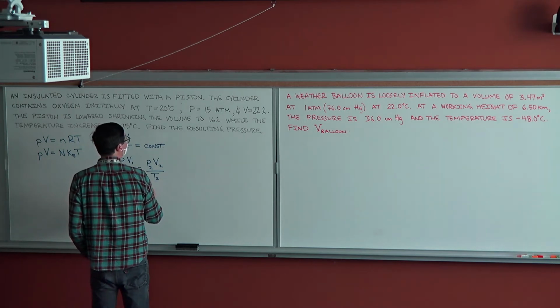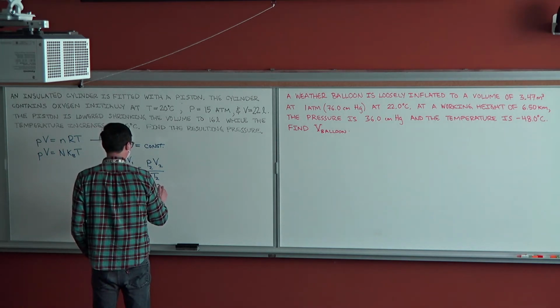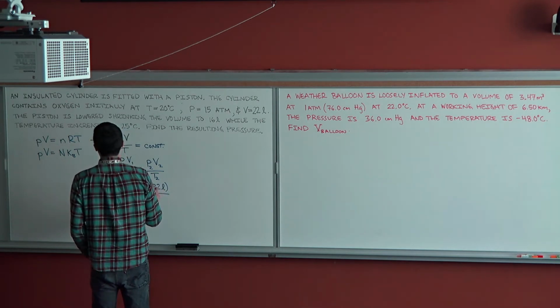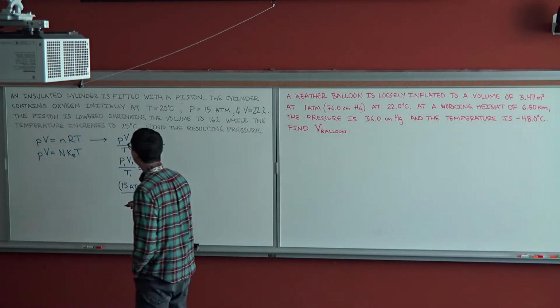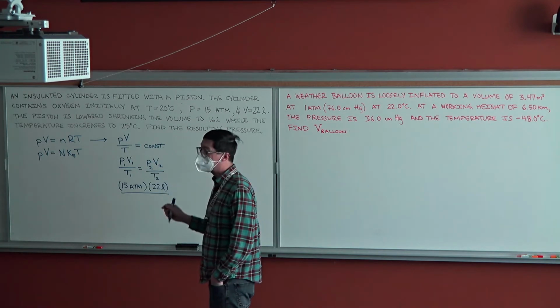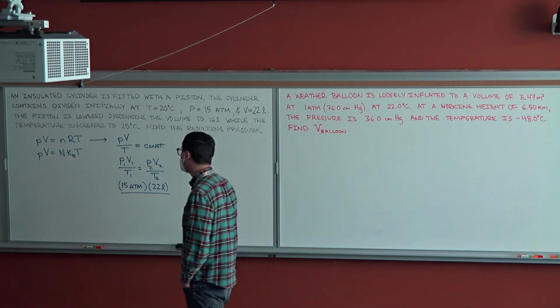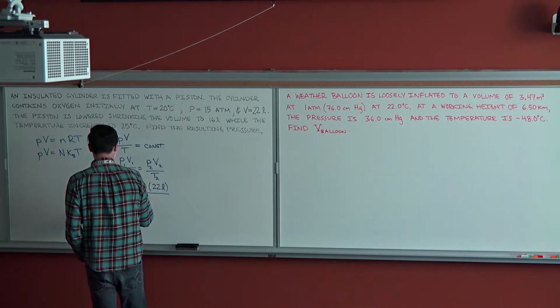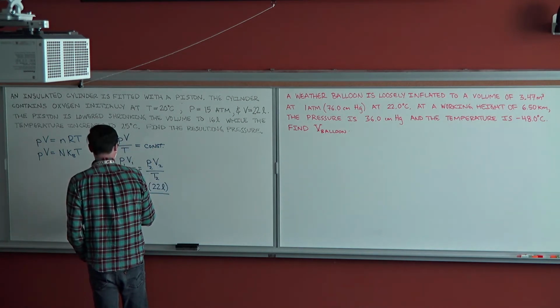So we have 15 atmospheres times 22 liters divided by our temperature of 20 degrees Celsius, but here we need to be careful, and I'd ask that you write this as Kelvin.